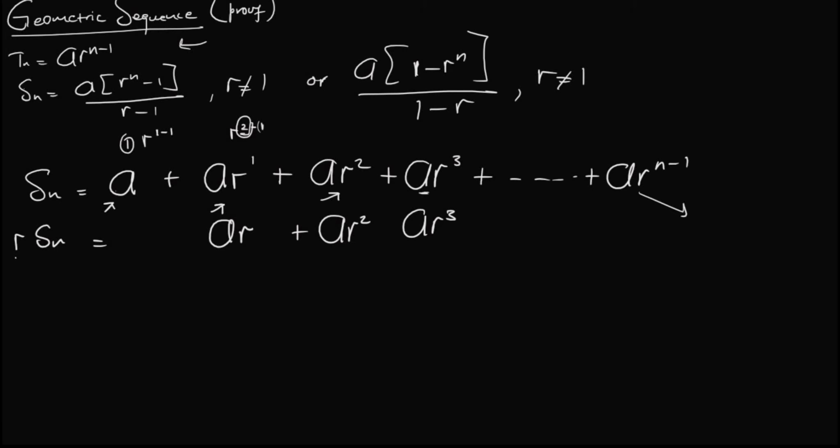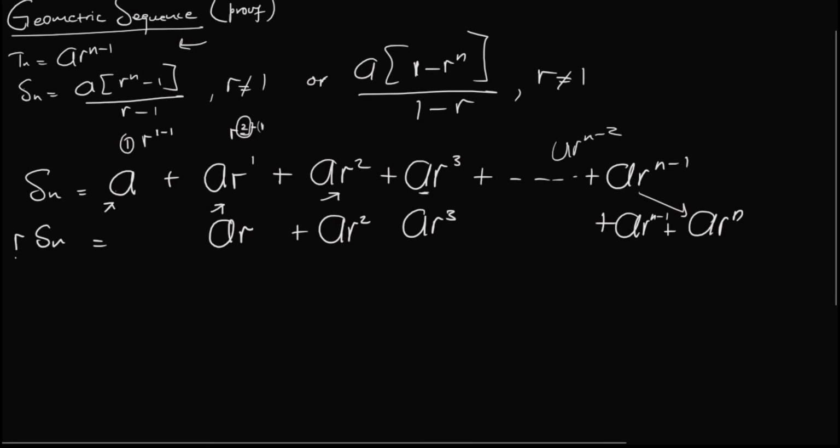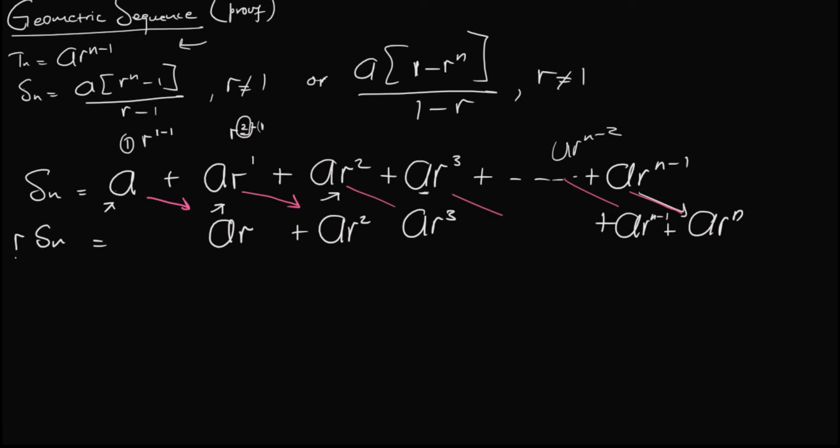When you multiply A r^(n-1) by r, it becomes A r^n. But the value that is in line with A r^(n-1) is the one for A r^(n-2); if you multiply it by r, you get A r^(n-1). So it's a plus over there. What I'm trying to show you is that it goes diagonally.